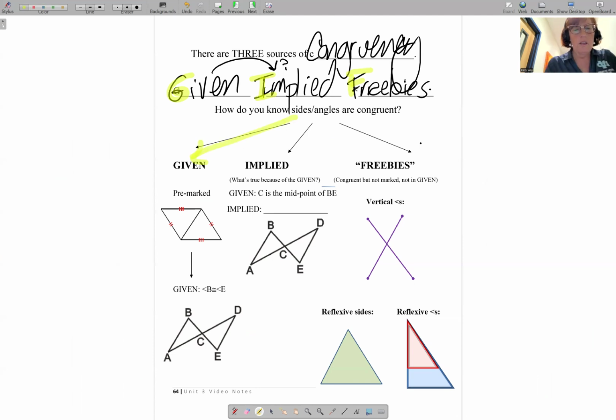Given. So given would be, well, it's just marked for you. See, it's directly on the diagram, remarked. So if it's marked congruent, it's congruent. Another thing, you could be told in a piece of information that it's given, but it's not marked.